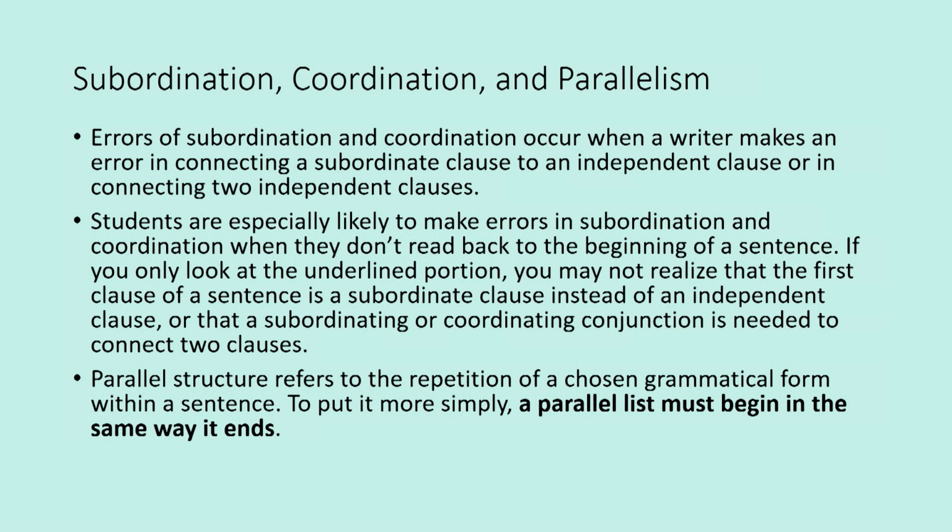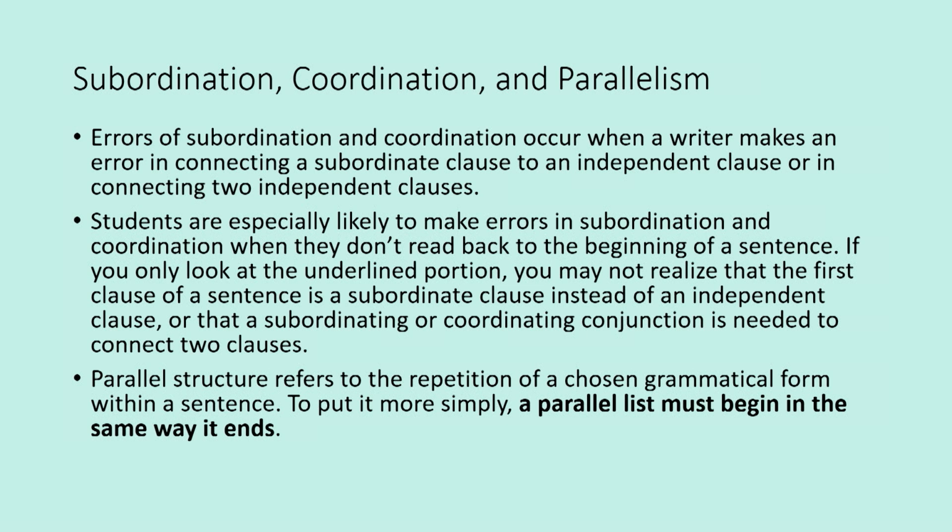They are errors that occur when a writer makes an error in connecting a subordinating clause to an independent clause or in connecting two independent clauses. Oh, gee, that sounds a lot like sentence structure, doesn't it? Two lessons ago, we talked about run-on sentences and fragments. Yes, we talked about connecting two independent clauses and how you connect them, right? We're still looking at that, just in a different way.